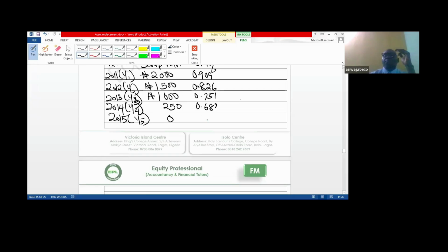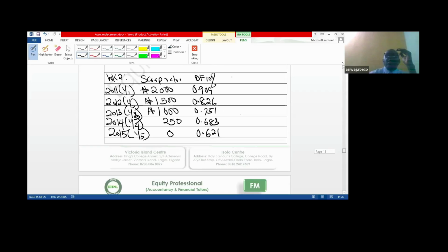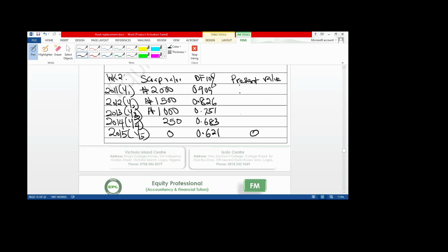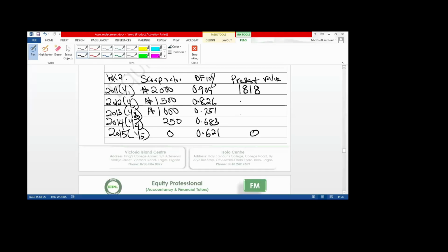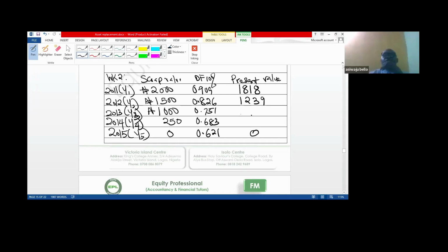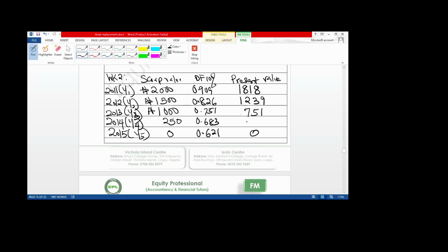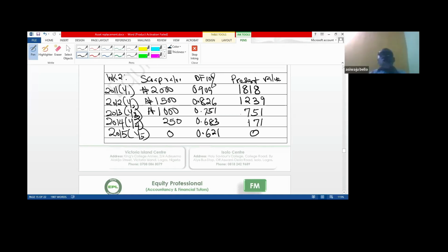We now get the present value of your scrap value. 0.909 multiplied by 2,000 gives me 1,818. Next, 1,239. Next, 751. Next, 171. We can now go to our options.